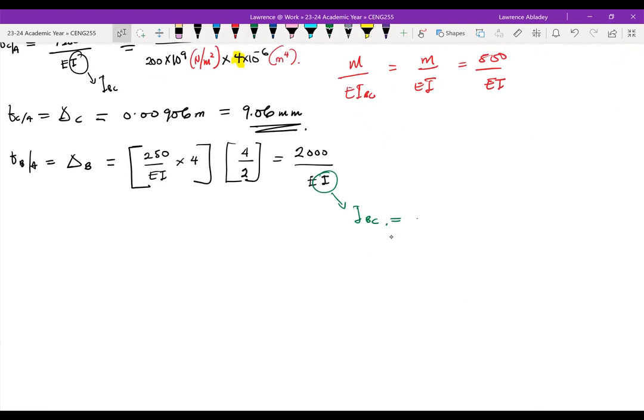So if you convert the IBC, it becomes 4 times 10 exponent minus 6 meter exponent 4. Again, take a note, the actual unit is Newton meter cube, if you want to look at it properly.